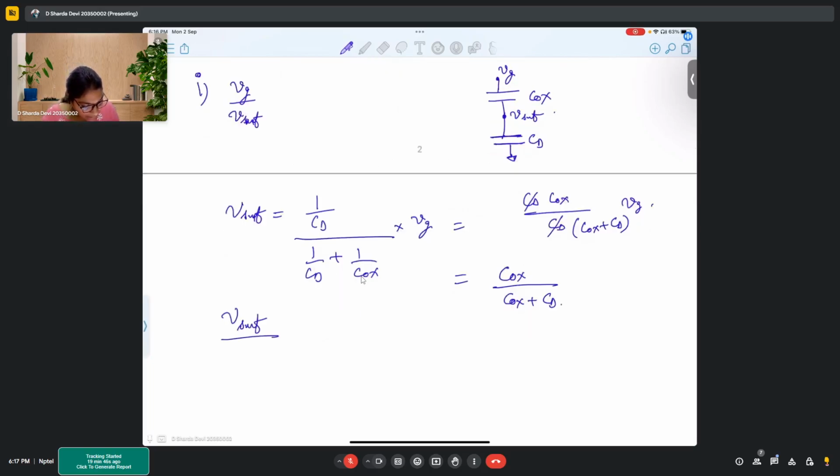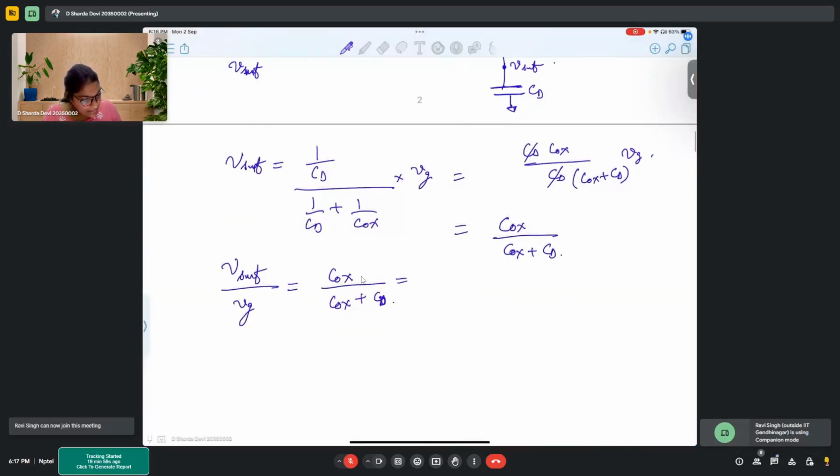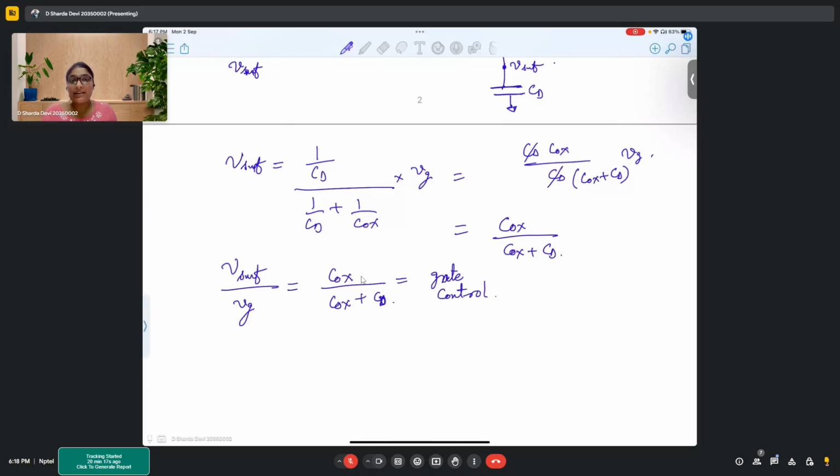As I mentioned earlier, V surface upon VG is Cox upon Cox plus Cd, and this is what is gate control, correct? So if I want my gate control to be best, that means my gate control should come out to be 1.